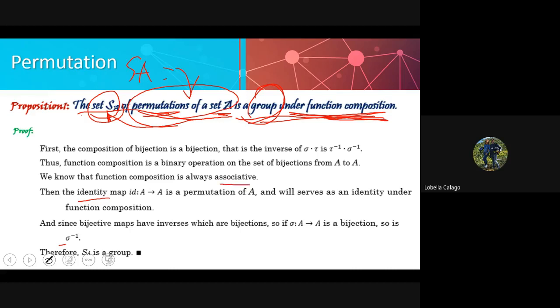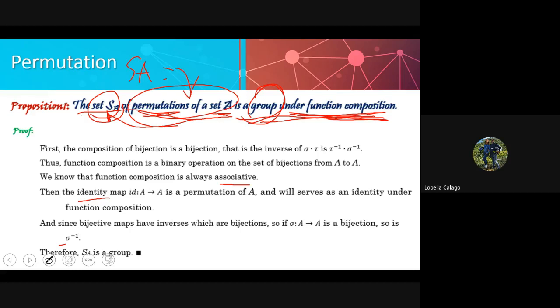So, di ba, yung properties natin ng group is, it must be associative, identity exists, and so with the inverse. So, before, we will find out if these three are satisfied, and also if yung function composition natin is also a bijection. Kasi, permutations, di ba, kanyang function is a bijection mapping to itself.